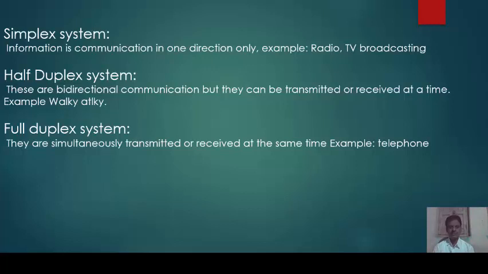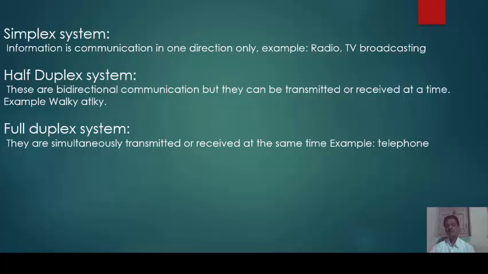The first one is the simplex system, where the information is communicated in one direction only. Here the information flow is in only one direction, and examples are radio and television broadcasting.